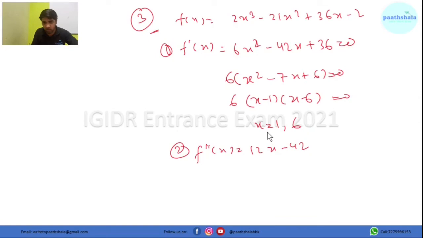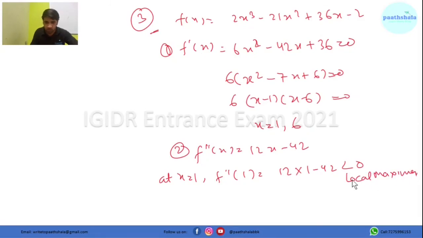At x equals to 1, f double dash 1 will come out to be 12 into 1 minus 42, which is less than 0. So this will represent a point of local maxima. And at x equals to 6, f double dash 6 will come out to be 12 into 6 minus 42, which is greater than 0. So this will represent local minima.